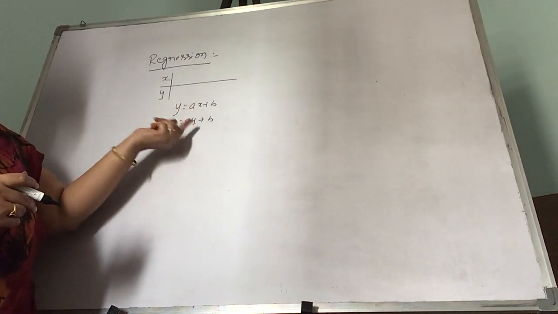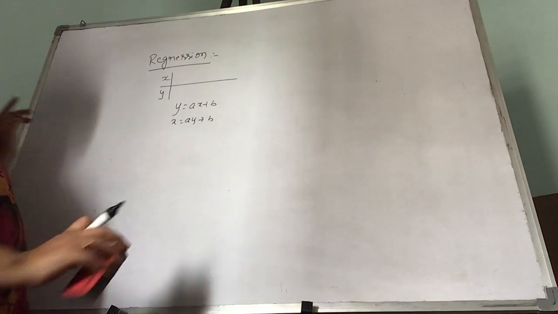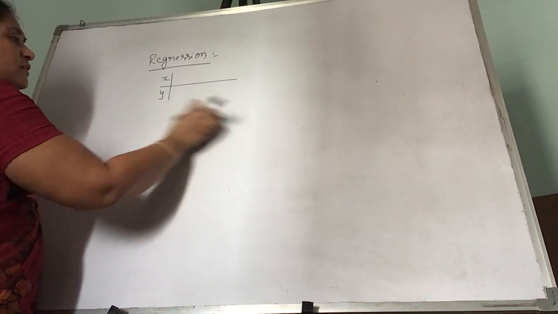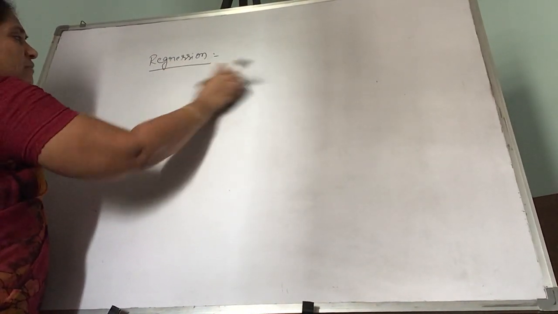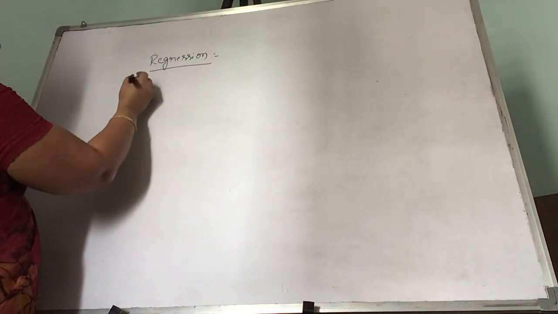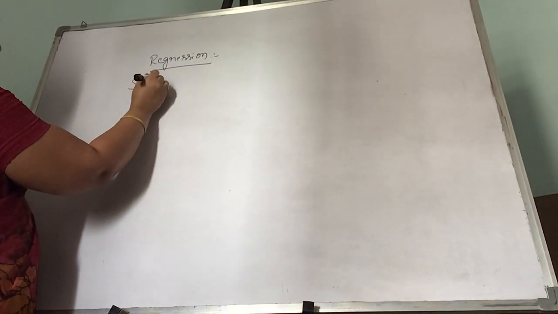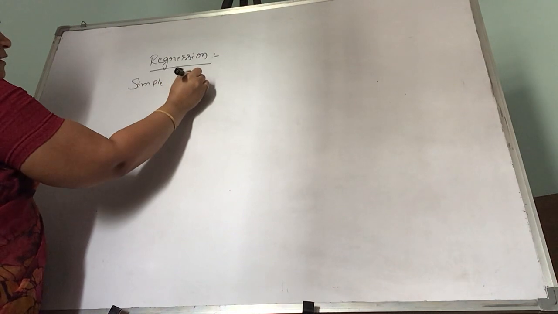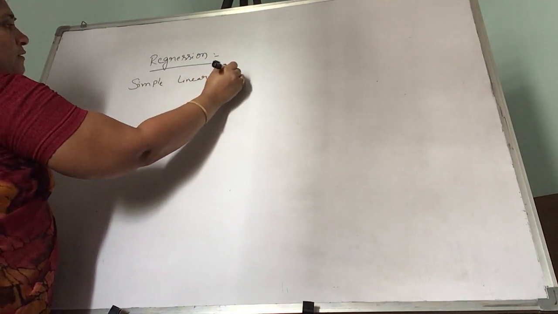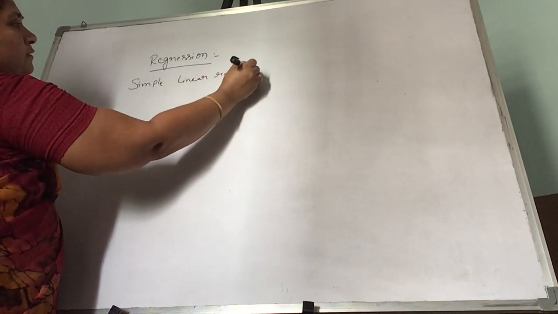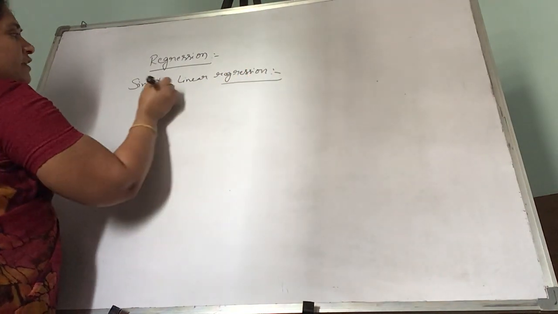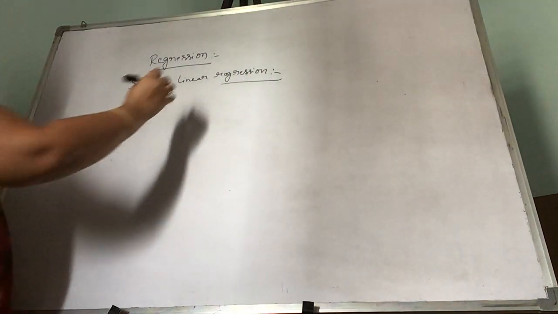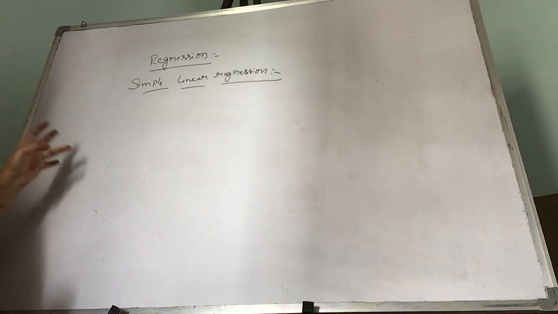How do we get this relationship between the two variables? It is given by simple linear regression. In simple linear regression, the two variables are related along a straight line relationship.